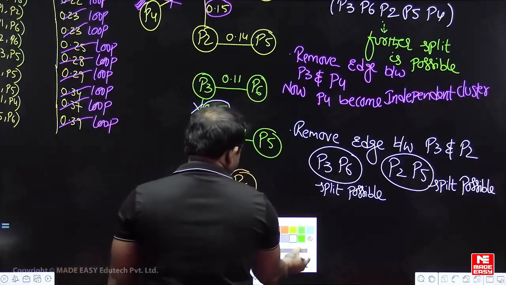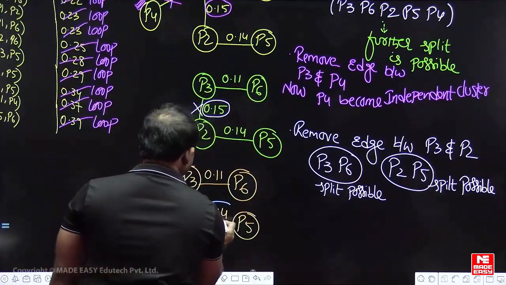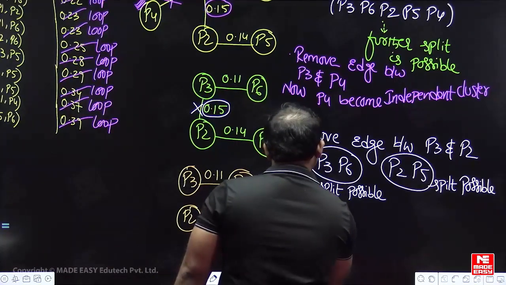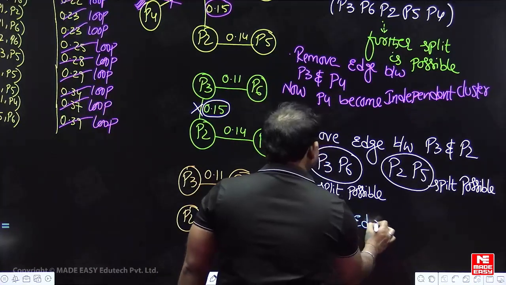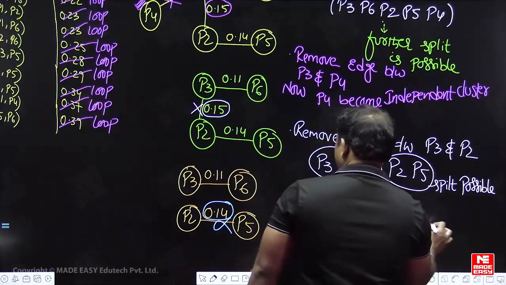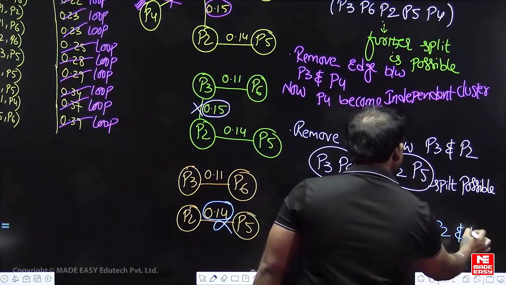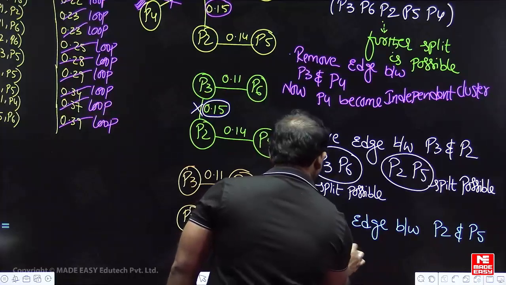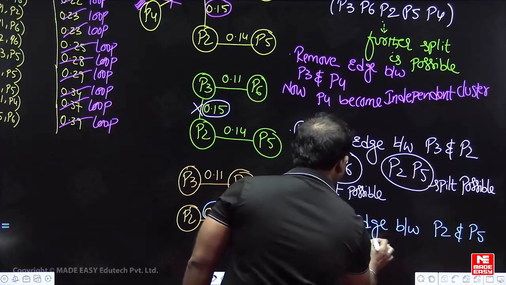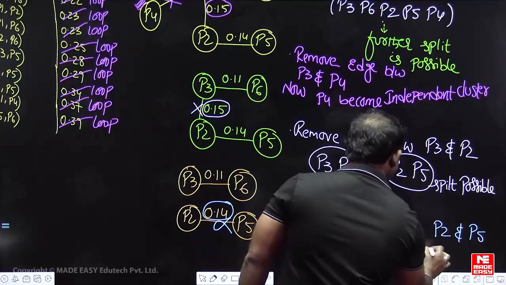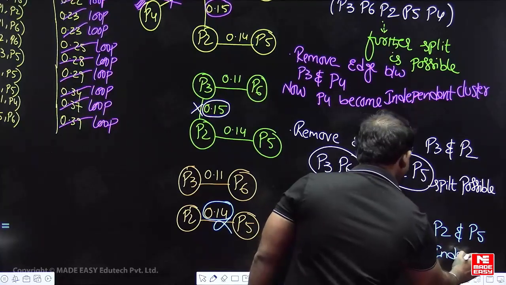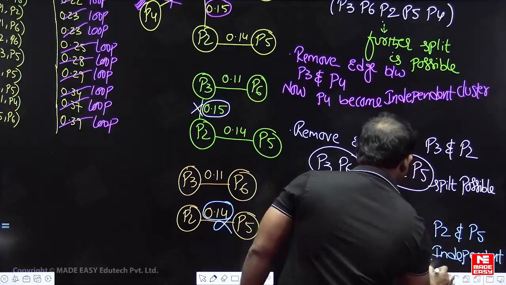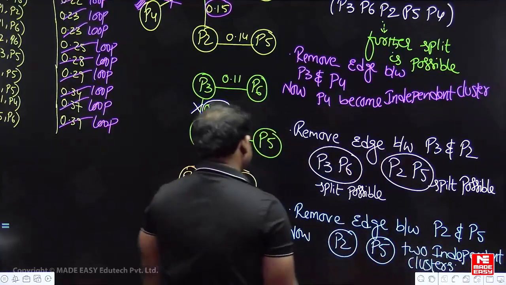Now take the more cost, 0.14, and remove the edge between P2 and P5. Now P2 and P5 are two independent clusters, so no need of further splitting here.